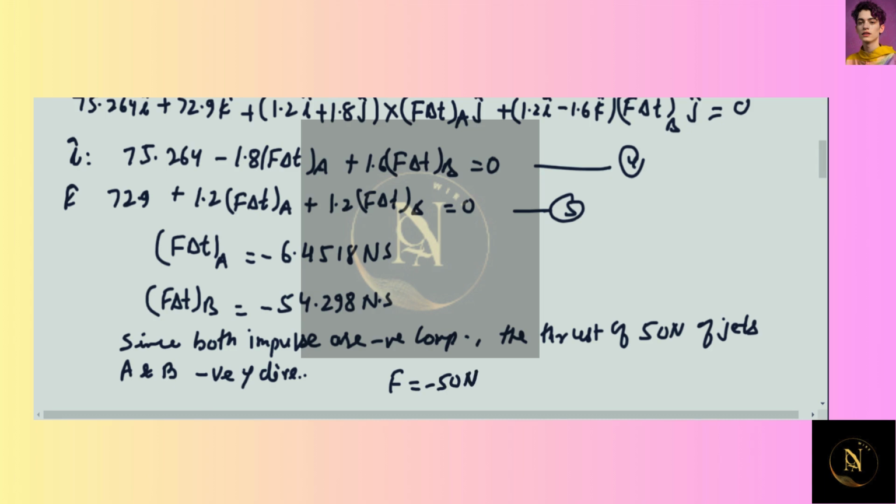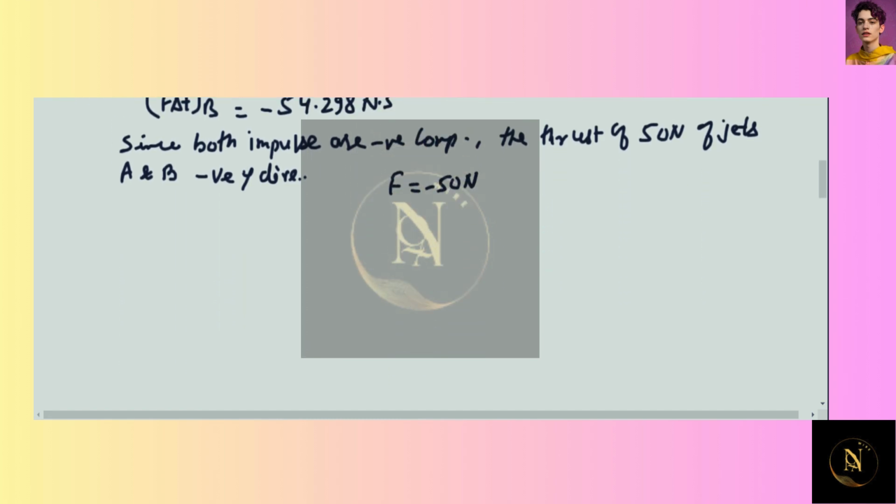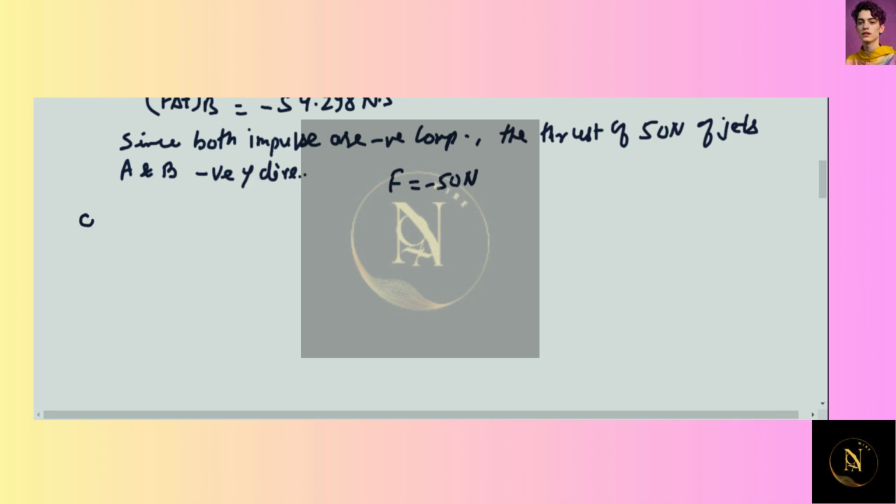So you will find the operating time interval. We will calculate it by using equations 4 and 5. Time interval for jet A will be minus 6.4518 upon 50.